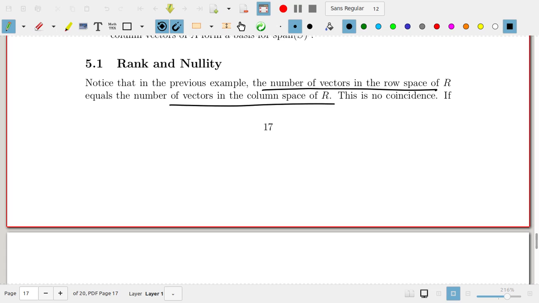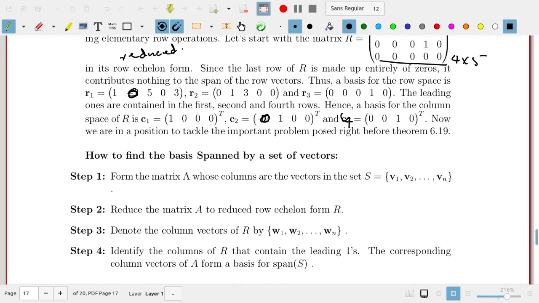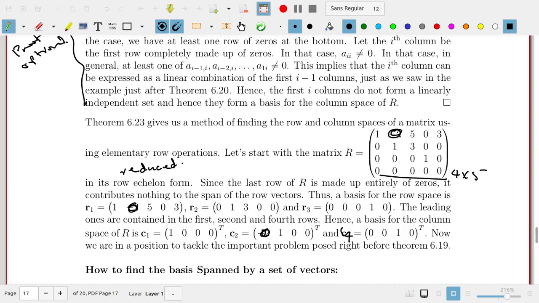And this is no coincidence. This is always the case. For example here, you saw that the row space of R has 3 vectors and the column space of R also has 3 vectors.